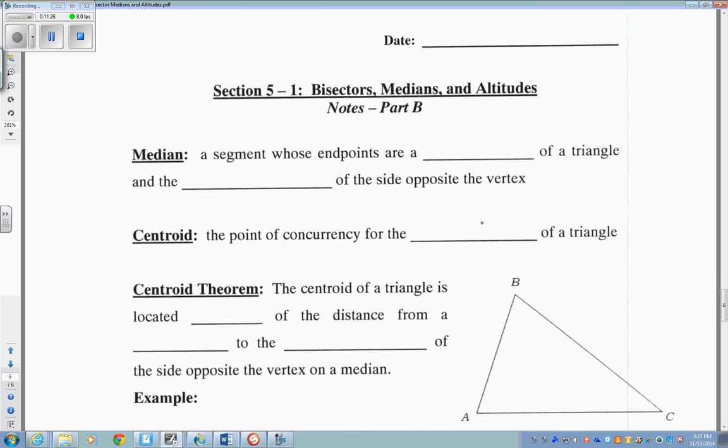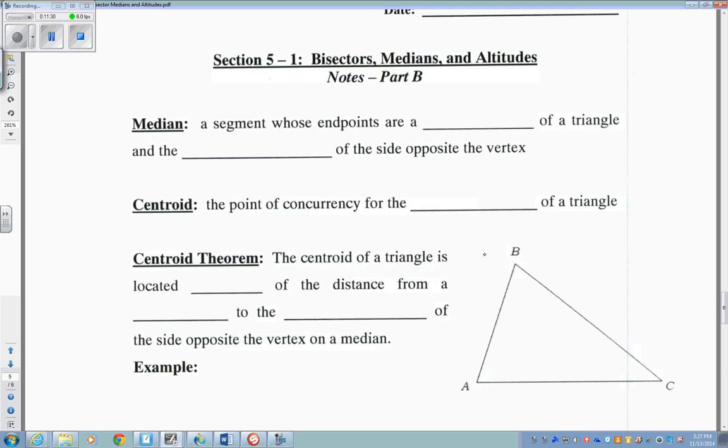All right, let's get down the definition for a median. And I'll give you that example tomorrow. A median is a segment whose endpoints are a vertex of a triangle and the midpoint of the side opposite the vertex.